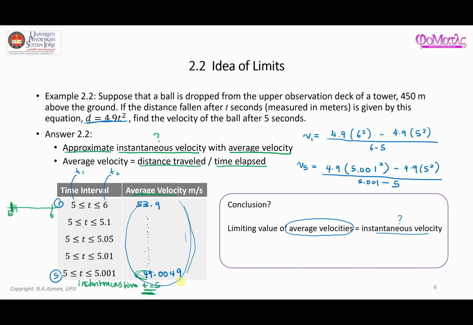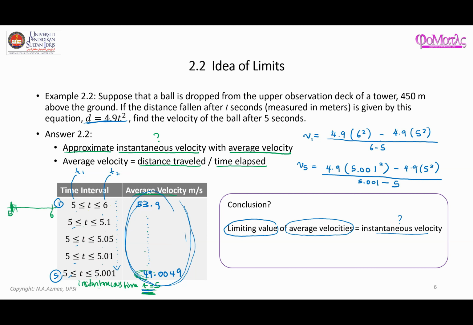You calculate the average velocities, and there is another word here, which is limiting value. Why are we having this term over here? It is because you can see that the interval here gets shorter and shorter, so it approaches the instantaneous time where t is equal to 5.